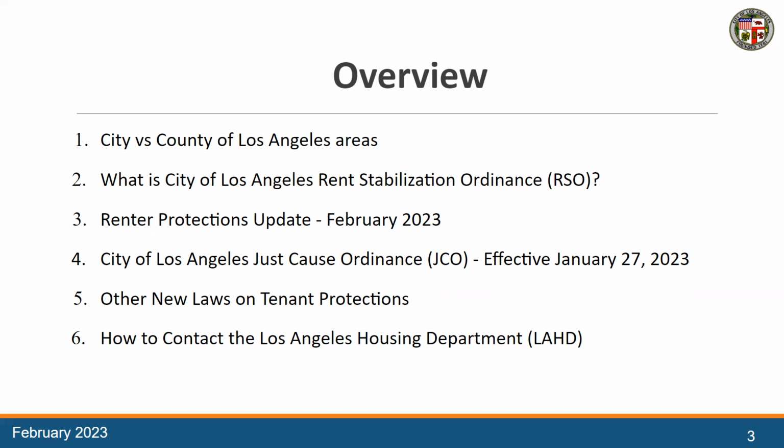Next, we'll briefly touch upon the newly enacted City of Los Angeles Just Cause Ordinance, which became effective January 27th, 2023. Next, we'll touch upon other new laws on tenant protections, and finally cover different methods that you can reach out to contact the Los Angeles Housing Department should you have any questions or concerns.